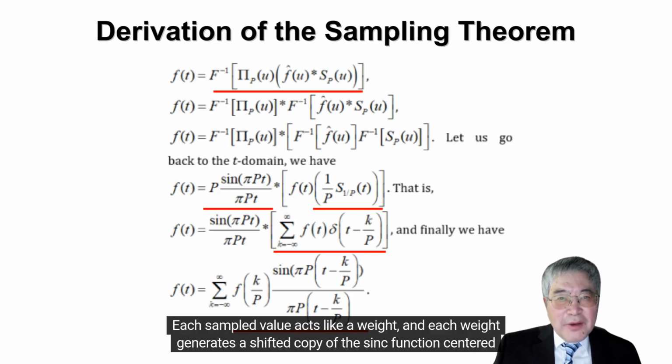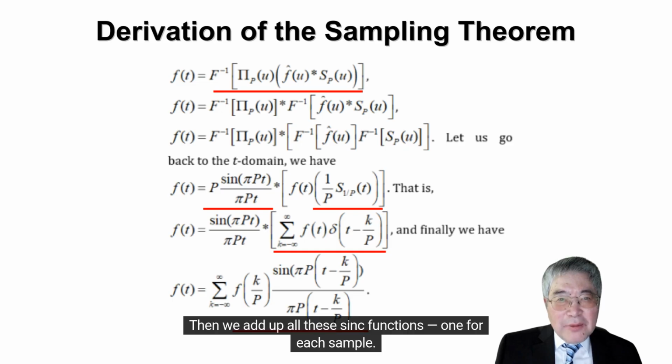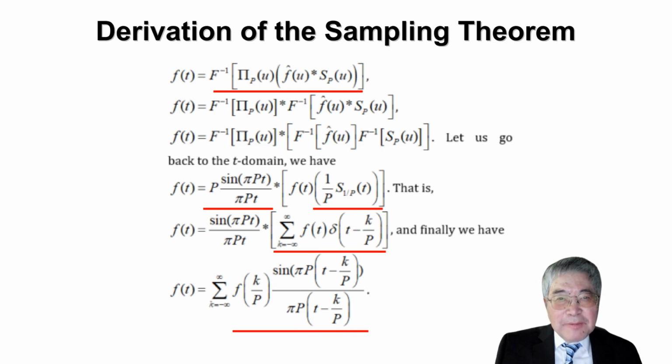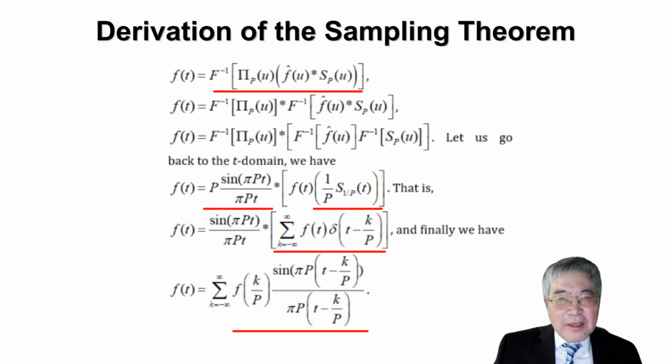Each sampled value acts like a weight, and each weight generates a shifted copy of the sinc function centered at that sample point. So at k over p, we get a sinc function that peaks there, scaled by the sample value at that point. Then we add up all these sinc functions, one for each sample. The result: a continuous, smooth signal, which is exactly the original signal f of t that we started with.